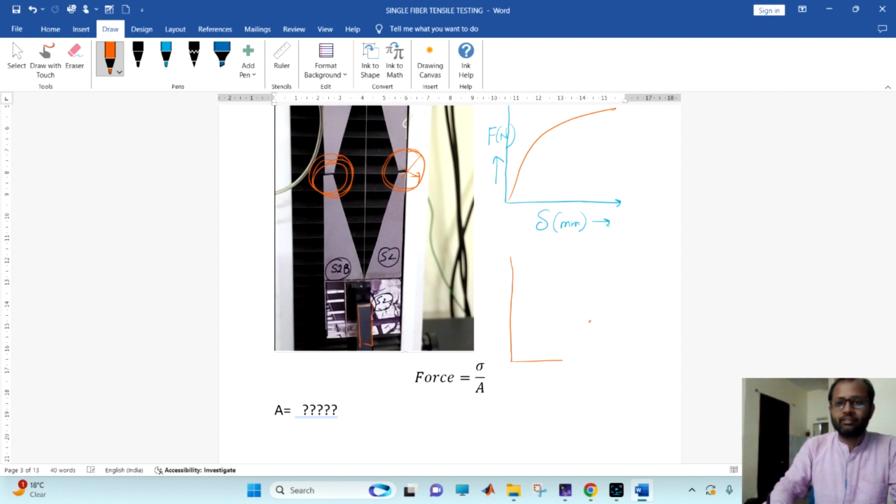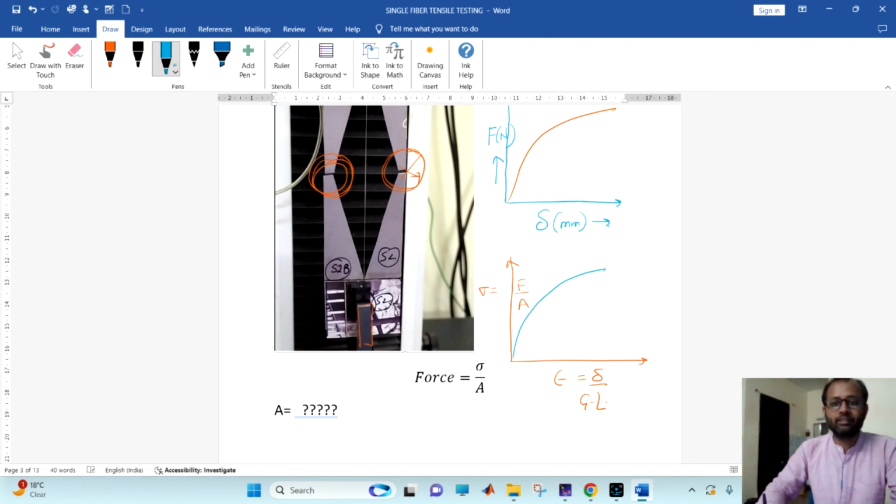We are interested in the stress, that is force by area, and the strain, that is displacement by the gauge length. And we will get some curve. Now, what are we interested in? We are interested in the linear region. We are interested in the modulus.